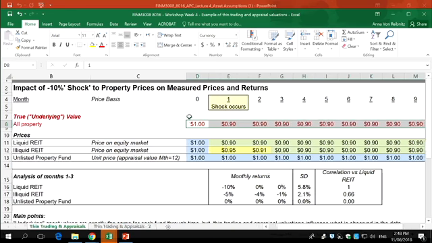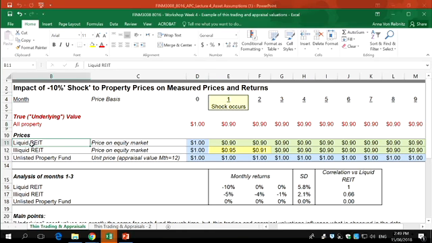Now, let's say at time 0, all assets are priced at their fair value of $1 million. At the end of the first year, a shock occurs that brings true value down by 10%. So it was 1 million, it's now 0.9 million. The liquid REIT is traded enough that the full drop is realized at the time.